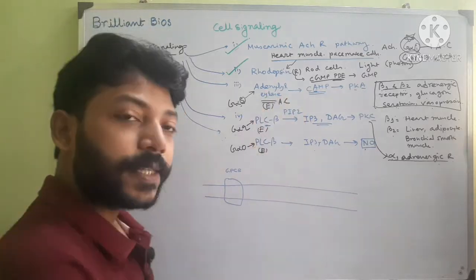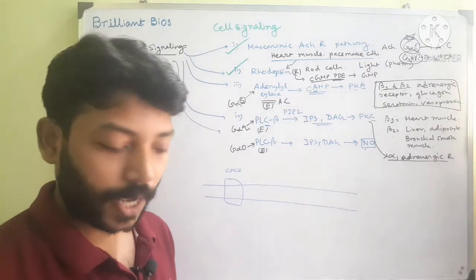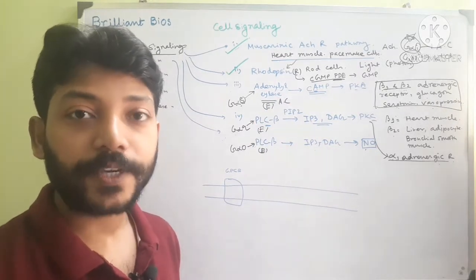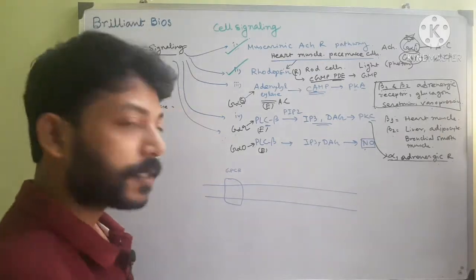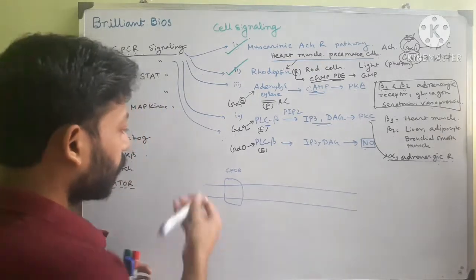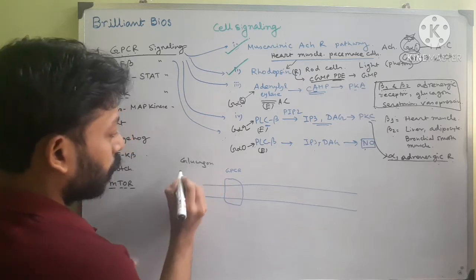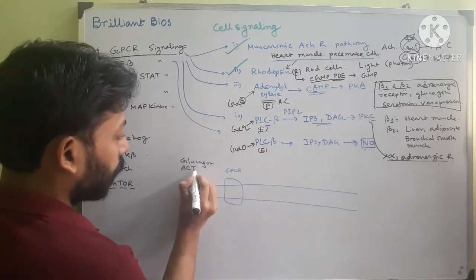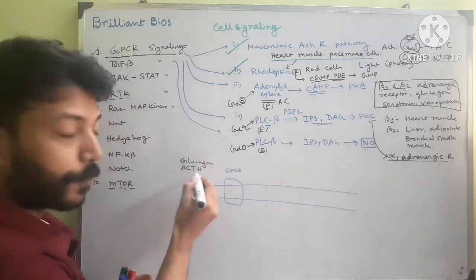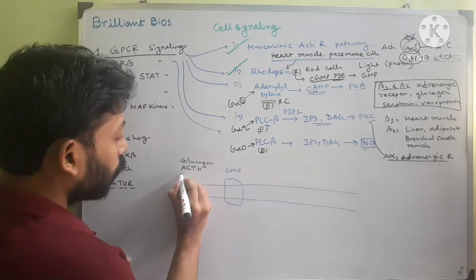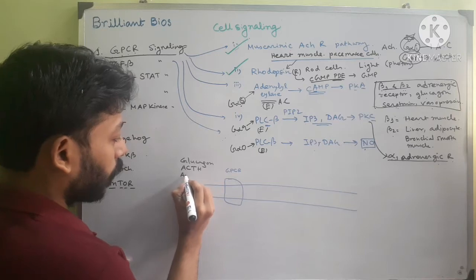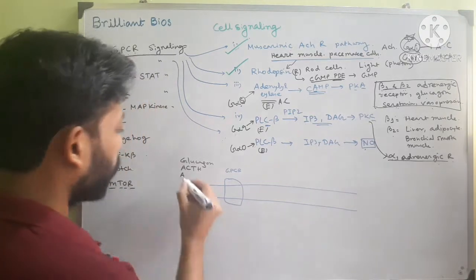This adenylyl cyclase is an enzyme associated with the plasma membrane, and it can be activated by some hormones like glucagon, ACTH, that means adrenocorticotropic hormone, and also adrenaline, or you can say beta adrenergic hormone.